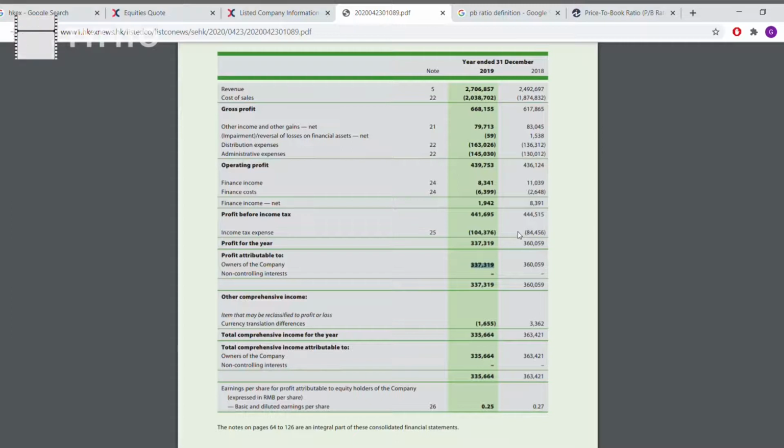One very common example would be a real estate company that owns investment properties, where every year there will be a huge revaluation gain or loss depending on the performance of the property market for that particular year. That is not indicative of the actual economic performance of the company, and hence we will have to strip that out before calculating the PE ratio.